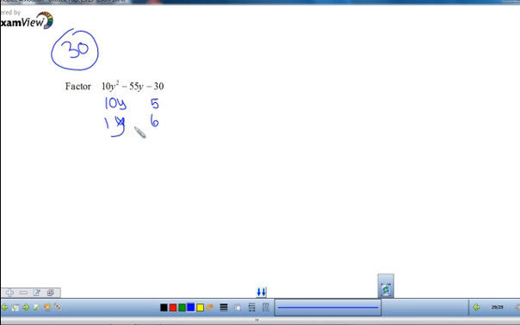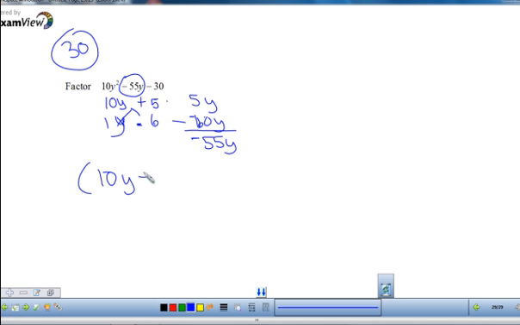One of them has to be negative, the other one has to be positive. Okay, so let's cross multiply. That would be negative 55y, which is our middle term. So we're going to have 10y plus 5 and y minus 6.